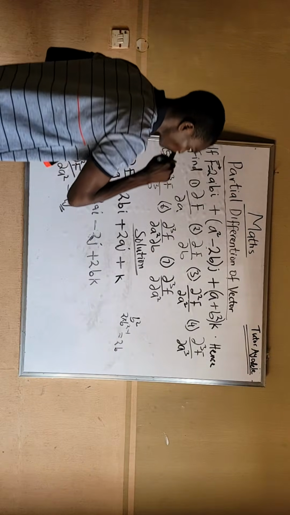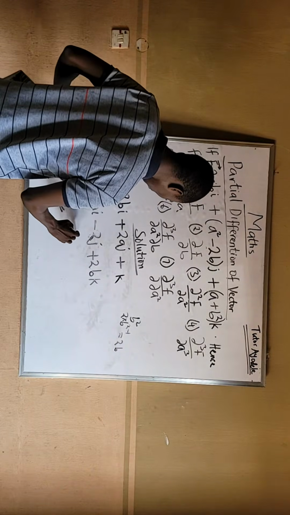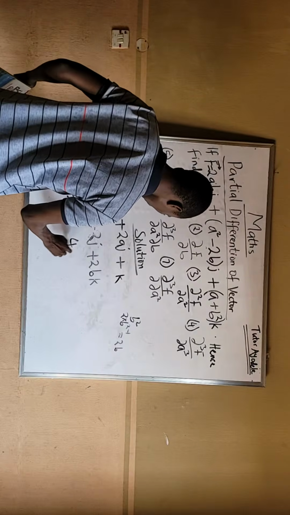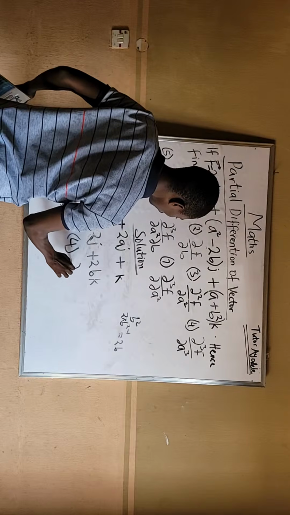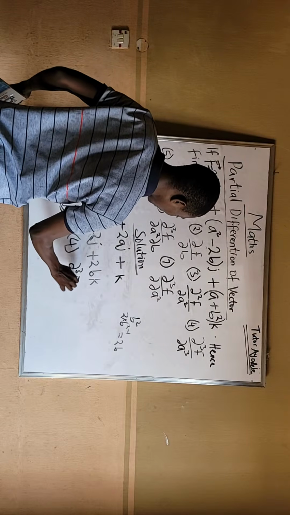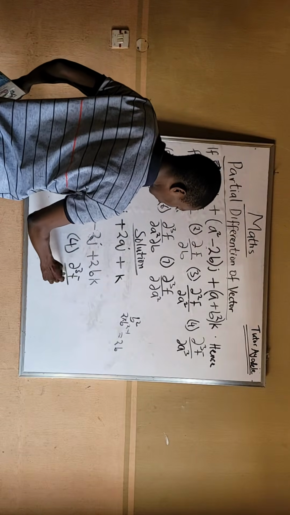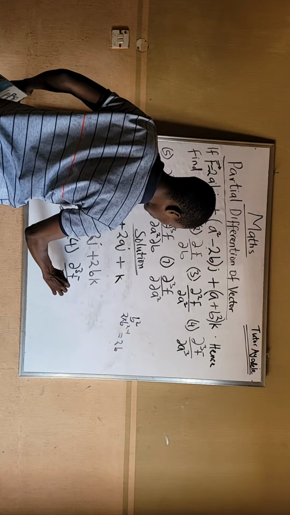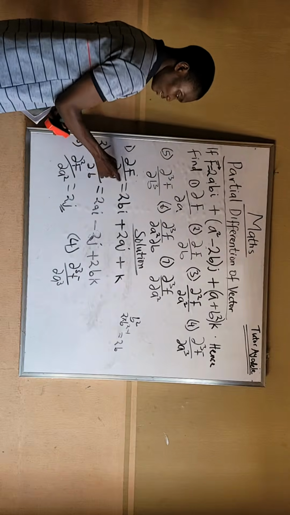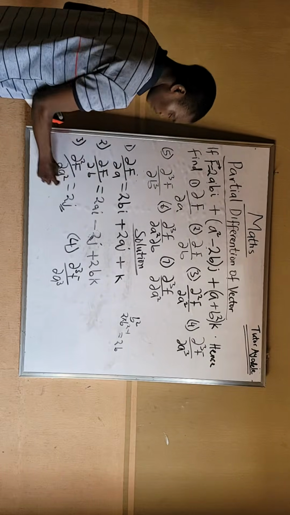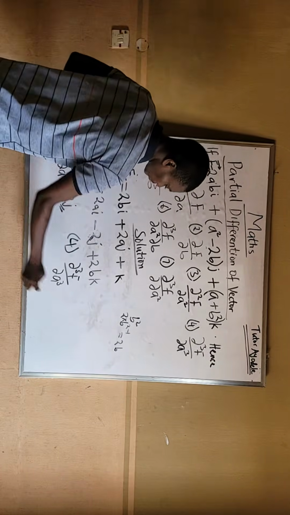So let's look at number 4. Number 4 says the third derivative of f with respect to a for the third time. With respect to a for the first time, for the second time, and for the third time.